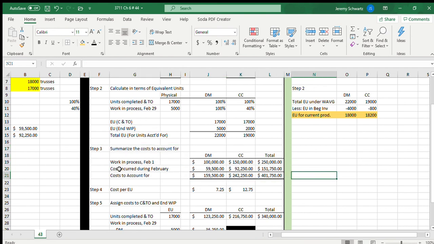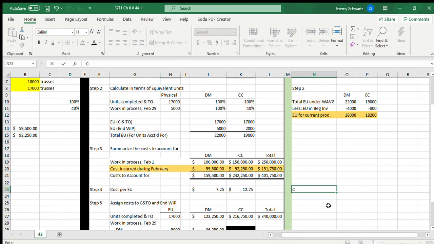But from a cost per equivalent unit standpoint, we're not going to be using the entire amount, but only the amount for the cost that was currently incurred. So in our cost per equivalent unit calculation, we're going to take the direct material cost from the current period and divide by the equivalent units for the current period.